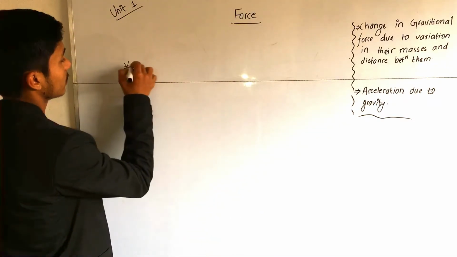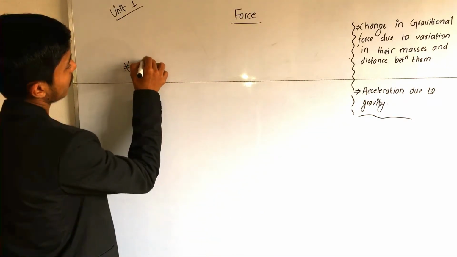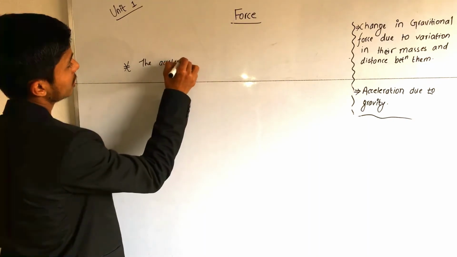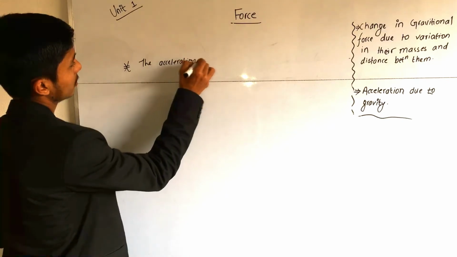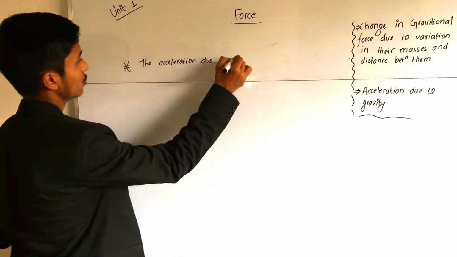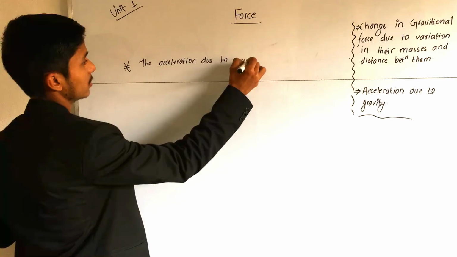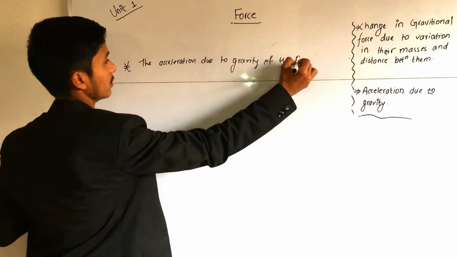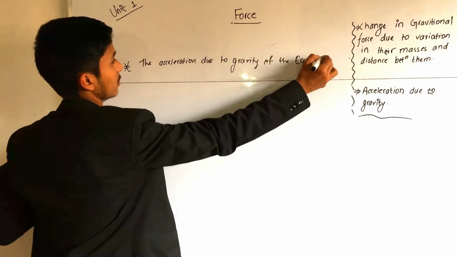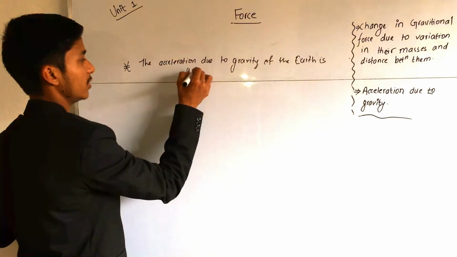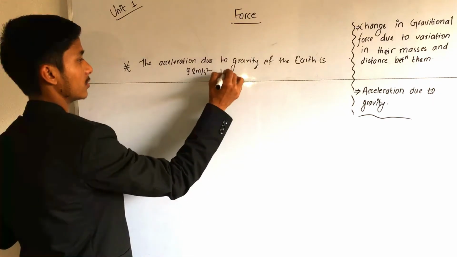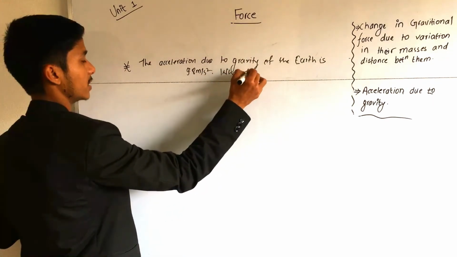See here. The acceleration due to gravity of the earth is 9.8 meter per second square. What does it mean?